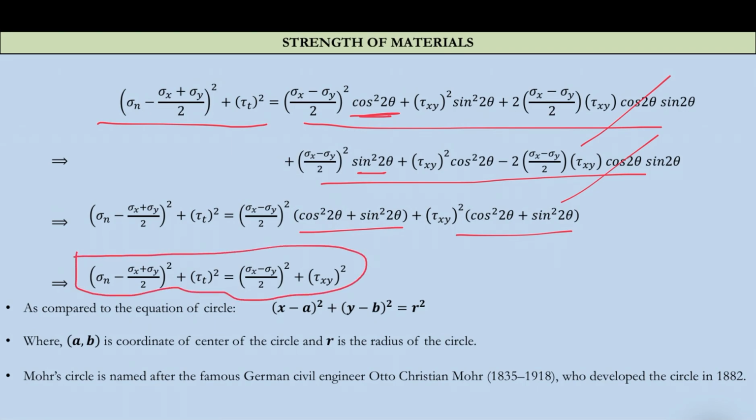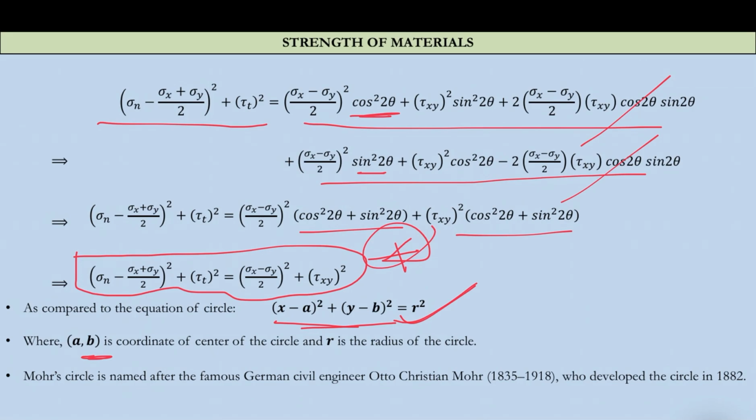This is quite an interesting equation, and we can compare it with the general equation of a circle. If this is a circle, then a comma b is the coordinate of the center, and r is the radius of that particular circle.